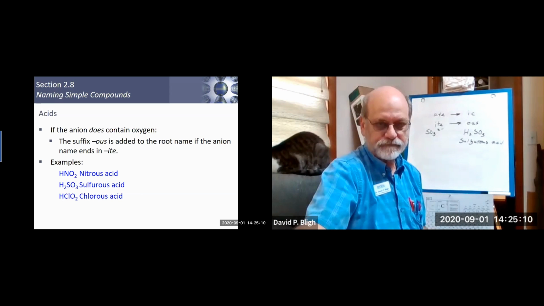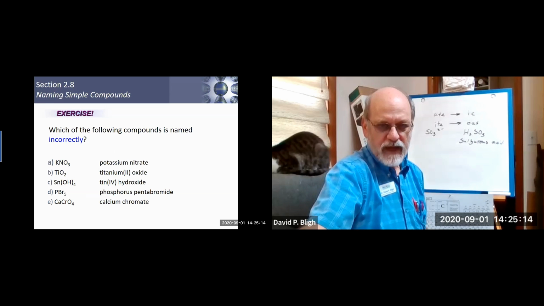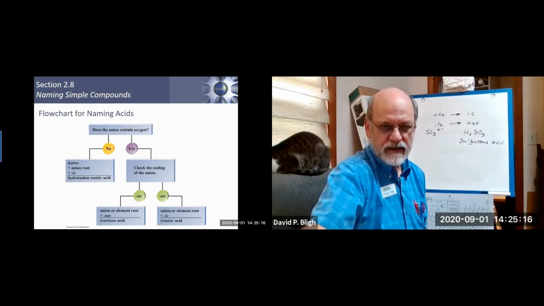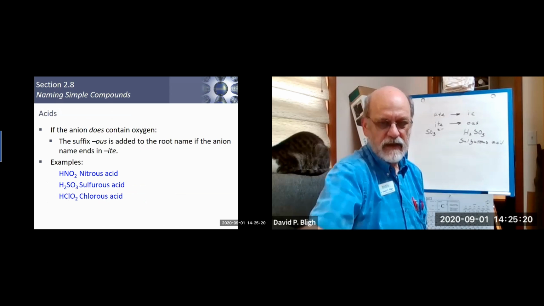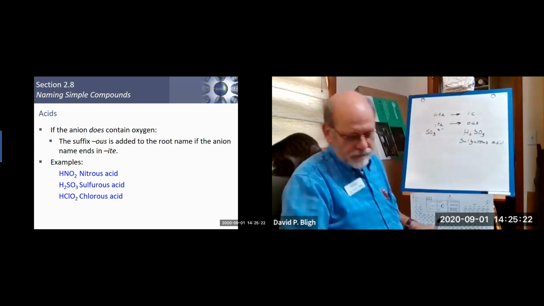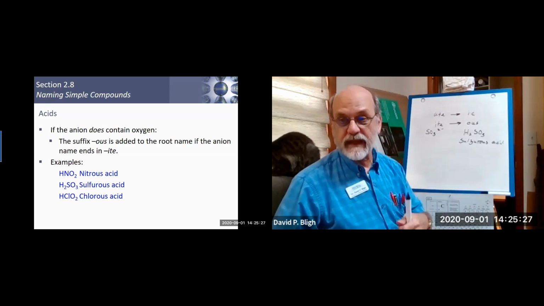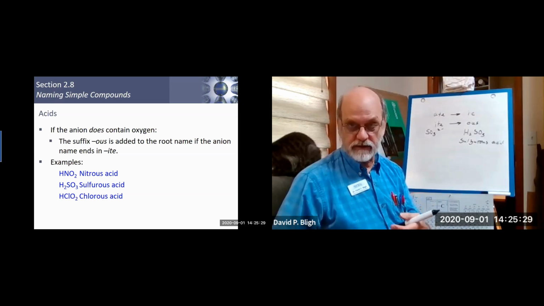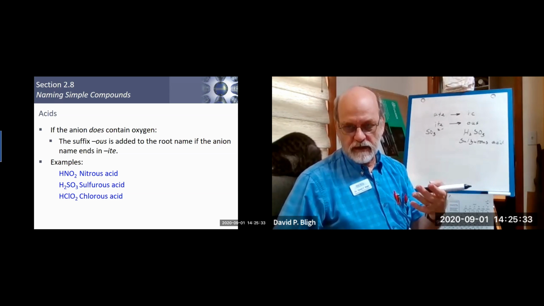Examples. Okay, let's see. Let me go back. You'll notice that we can make acids of almost any of the polyatomic ions because all but one of them is an anion.